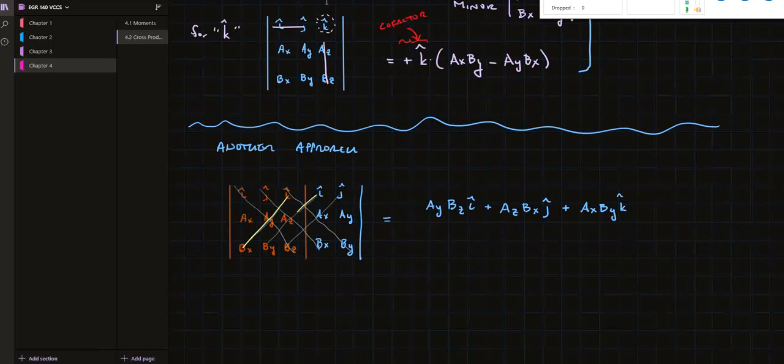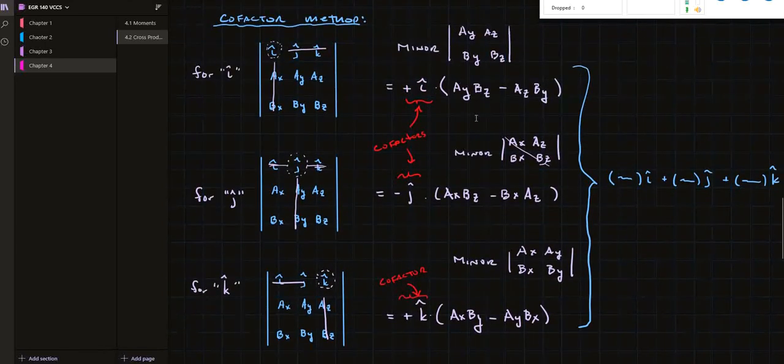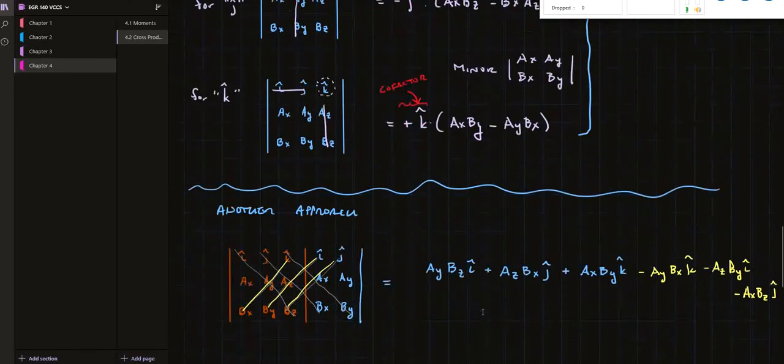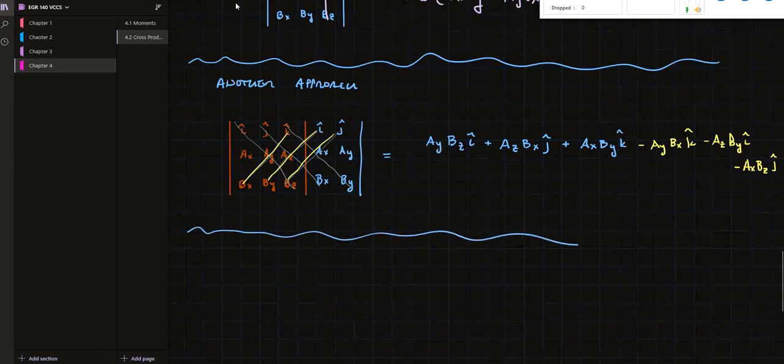We want to subtract the product of the yellow diagonals. So minus, here are all six of your terms, and you'll find these are the same as the six terms you're going to end up with up here. You can cross-reference all that yourself and double check.